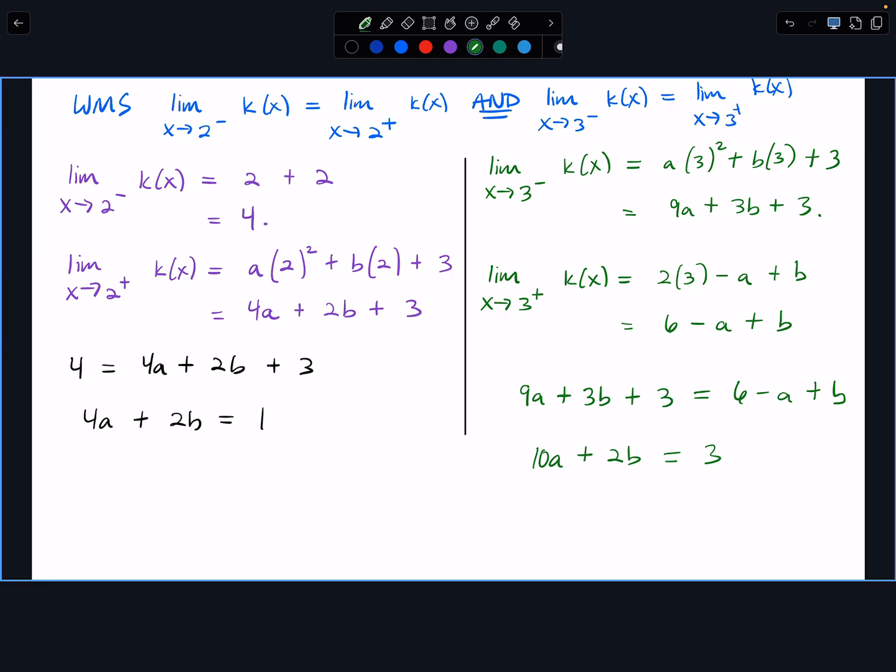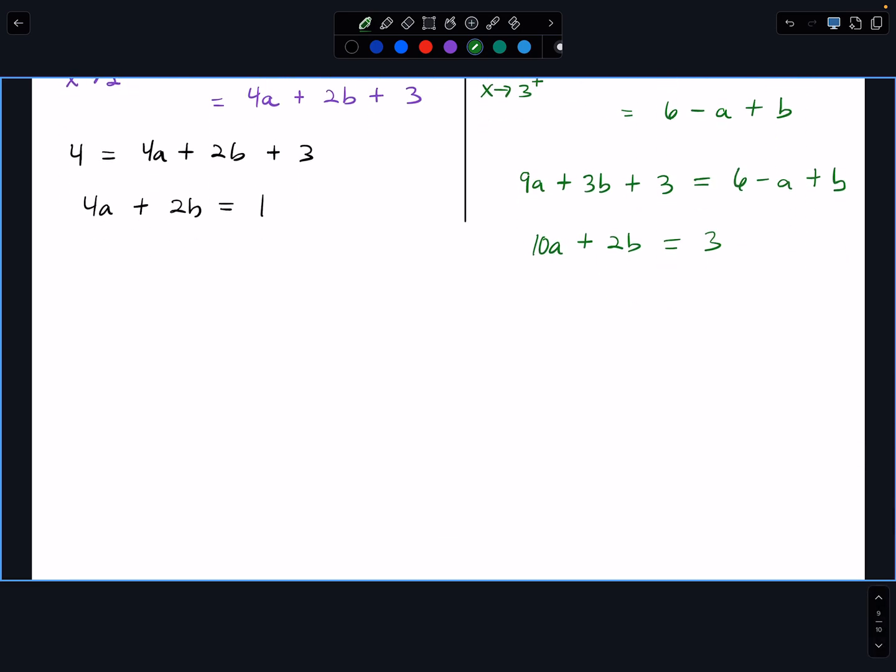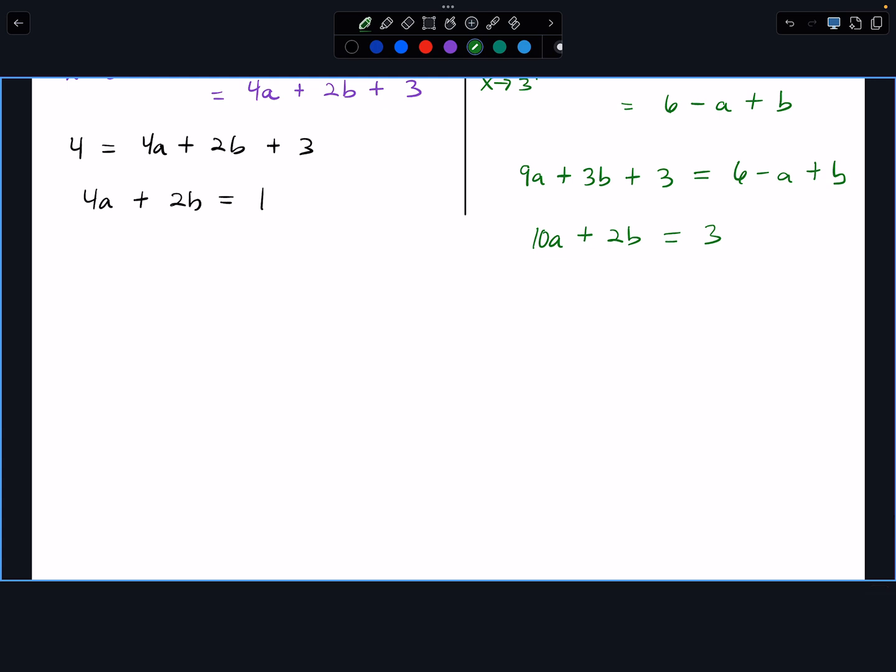a and b, right? So, you guys are in calculus. I have 2 equations with 2 unknowns. I have to solve this system of equations by using either substitution or elimination or a matrix. No, we're not going to use a matrix. Okay.